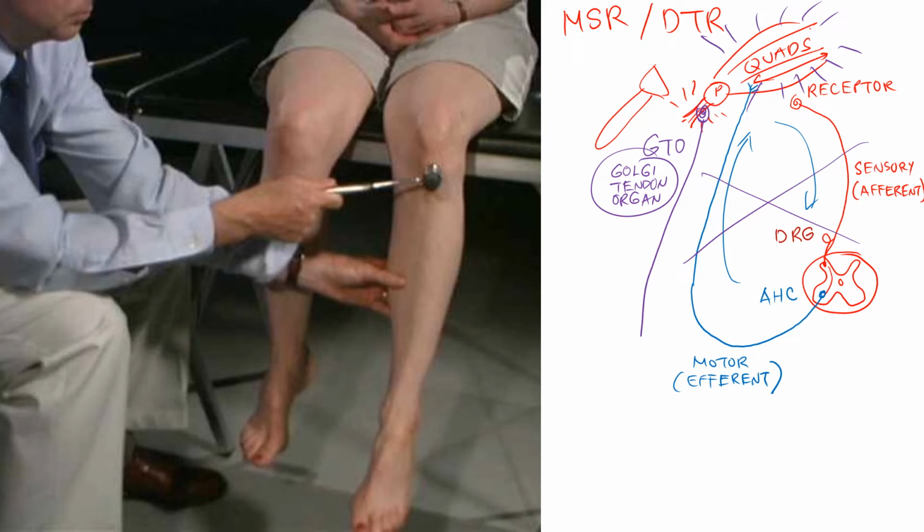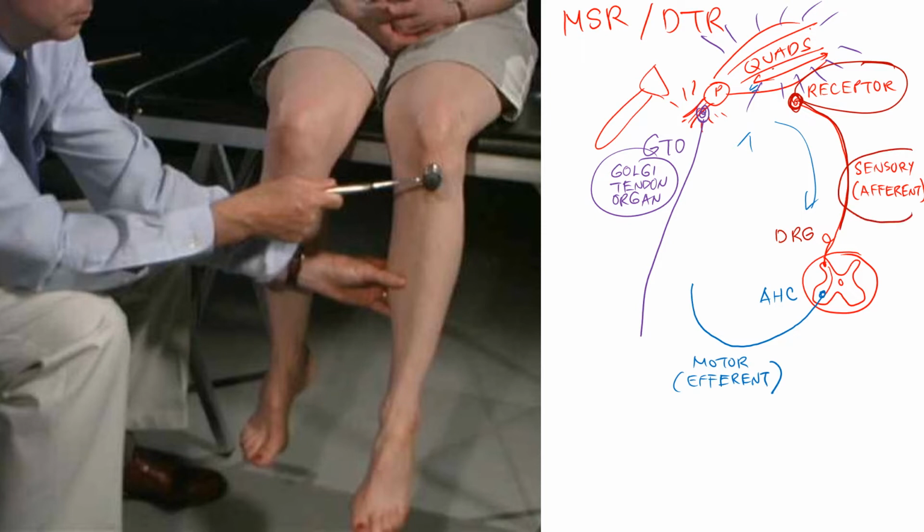So let's go back. Let's just erase this one. Okay, so let's go back to the four basic components. You have your receptor. When you tap it, you stretch the quads. Your receptor detects the stretch, and then you have your sensory nerve. That's number 2, and your dorsal root ganglion, your sensory neuron.